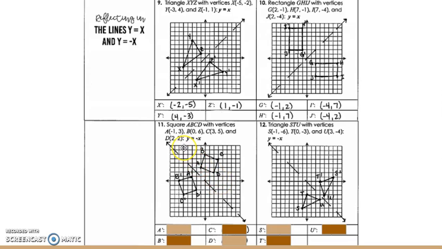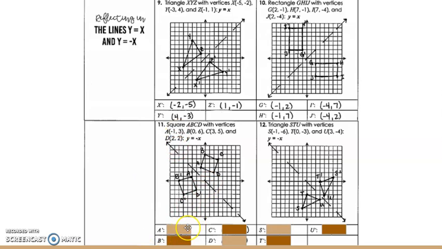When we reflect over the y equals -x line, there's also a little bit of a shortcut we can take with our ordered pairs, but there's two things that we have to remember for this. So just like before, our order is going to switch. So if I look at A, -1 and 3 would switch positions, but since I'm reflecting over the negative x line, then I'm also going to do the opposite sign for each thing.